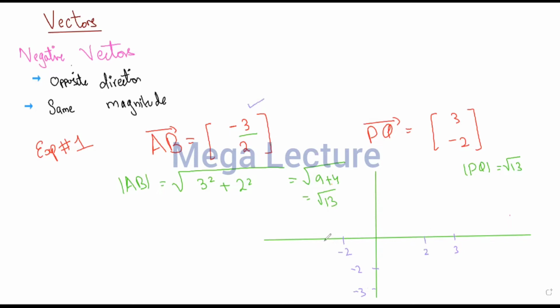This is 2 and this is -3. This is 2 and then this is 3. -3 and 2, this is the point. Let's make the vector. It would be pointing in this direction.